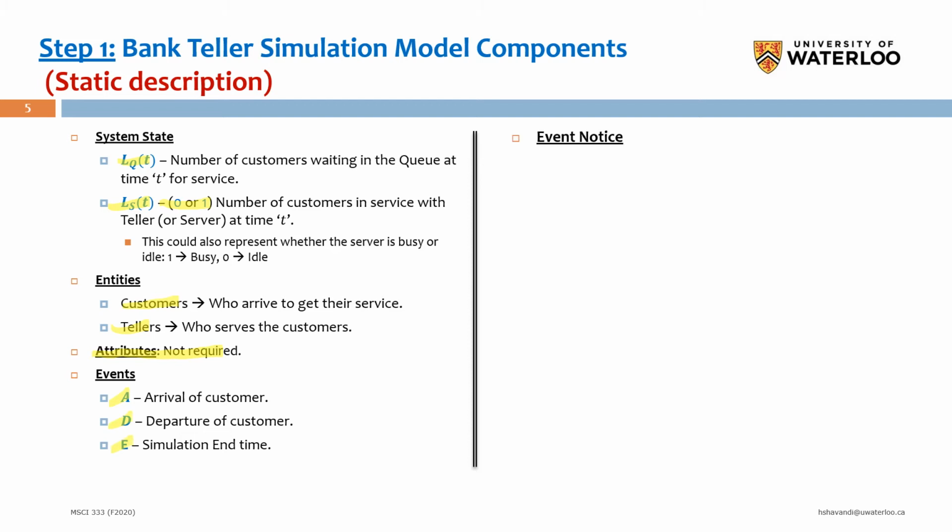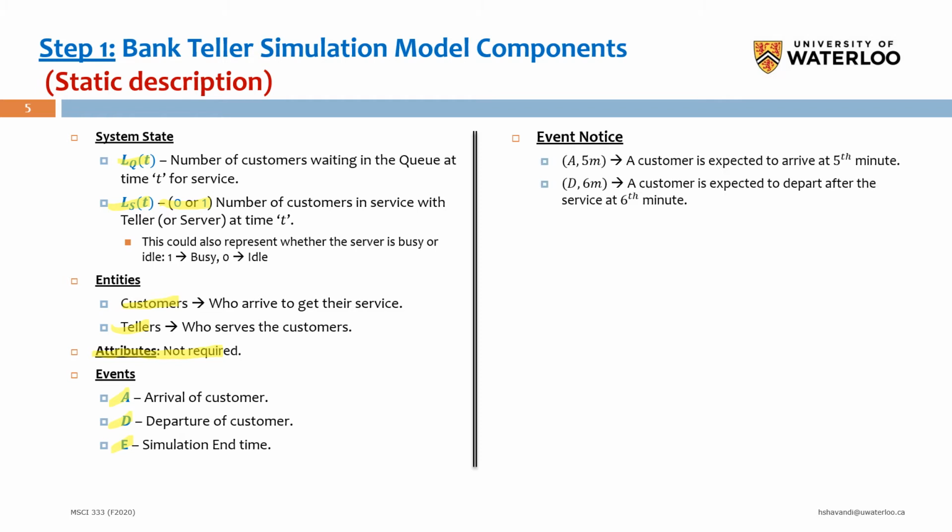We need to define how we are going to represent an event notice. Here we have an array, and the first element is the type of event: A means arrival, D means departure, E means end of simulation. The second element is the occurrence time of the event.